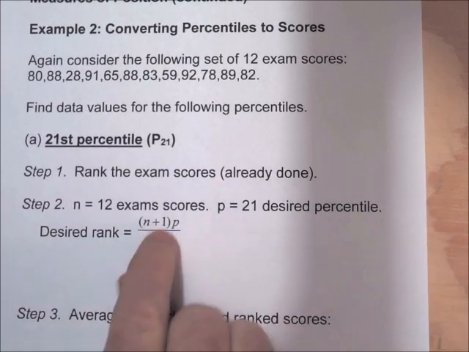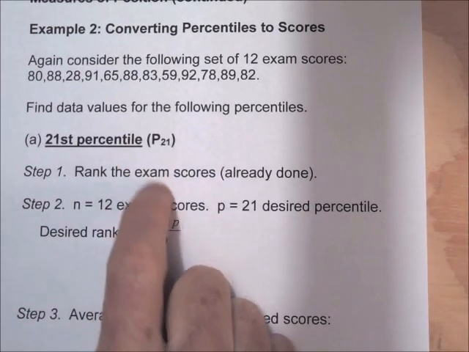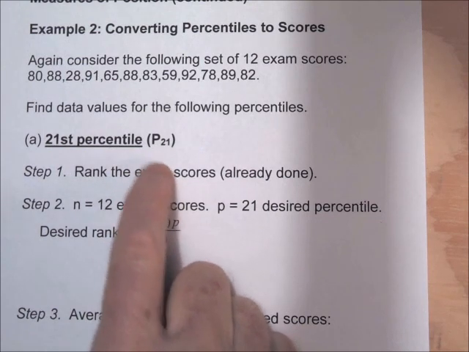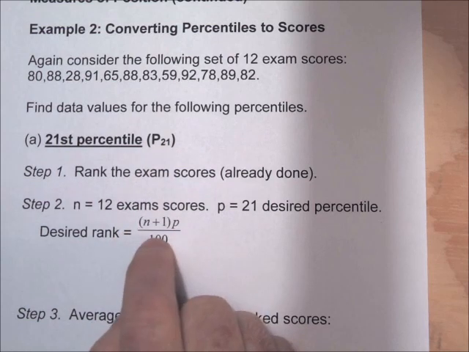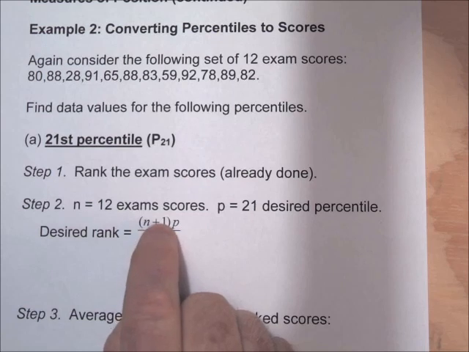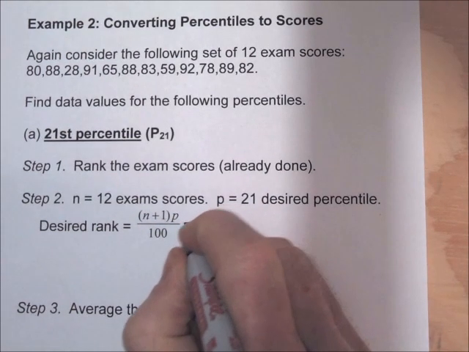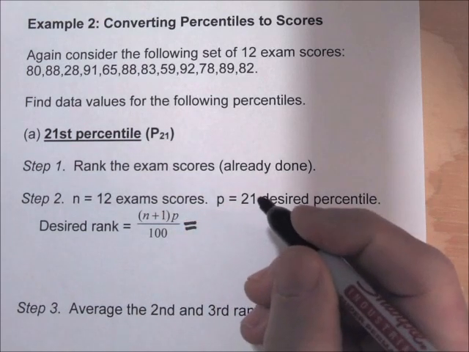The formula that we'll use for starting with the percentile and getting the score is n plus 1 times p over 100. Not all books have the plus 1. Some books have n times p over 100. Like I said at the beginning, there are different ways of computing percentiles, and not all books will agree on it.